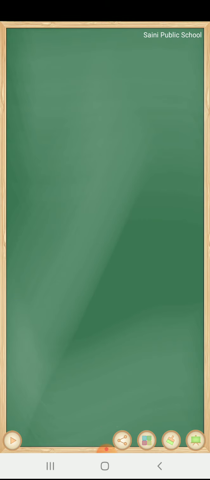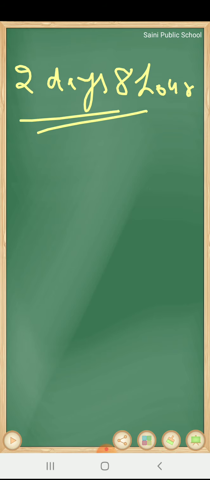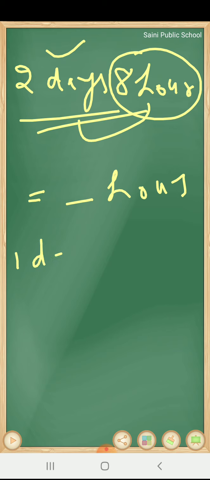Let us discuss one more example. Suppose we want to convert 2 days and 8 hours into only hours. Now 8 hours are given to us, so we will convert 2 days into hours, and then add these 8 to the number. One day is equal to 24 hours.